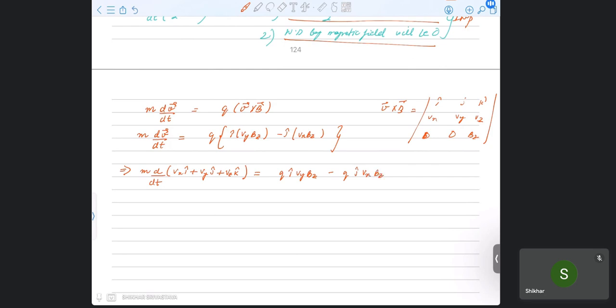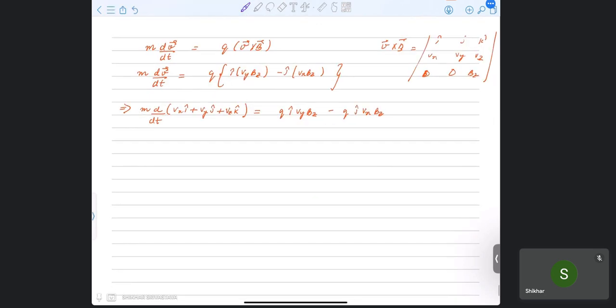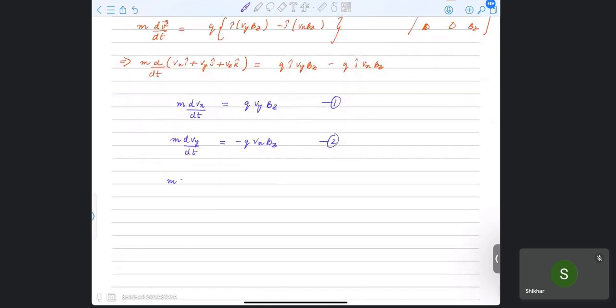So when you equate term by term, what you'll get is m dvx by dt is equal to q times vy Bz, and m dvy by dt is equal to minus q vx Bz. m times the derivative of velocity in z direction with respect to time will be 0.